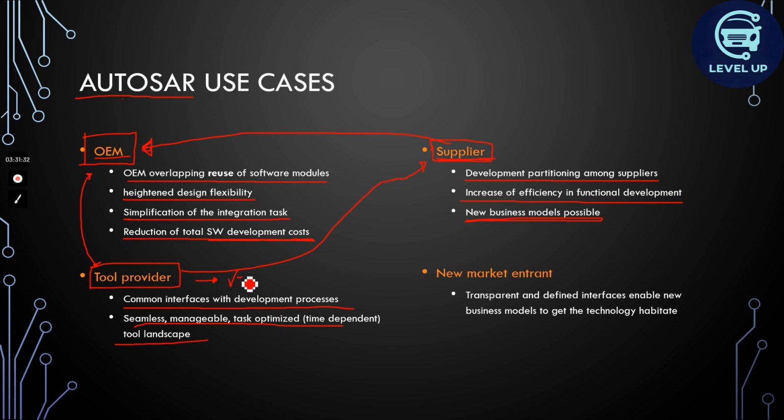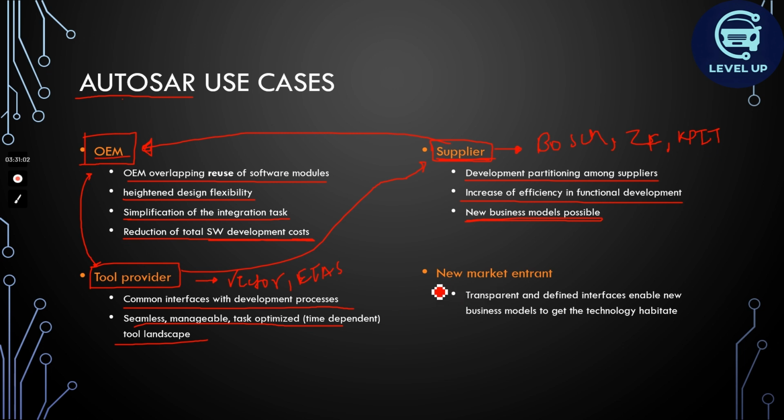The main giant is Vector. Then ETAS are also tool providers. And OEMs, as I already told you, are big companies like Maruti Suzuki, Honda. The suppliers are the companies providing them some of the services, like Bosch, then we can say ZF, then KPIT, we know. These are the suppliers.